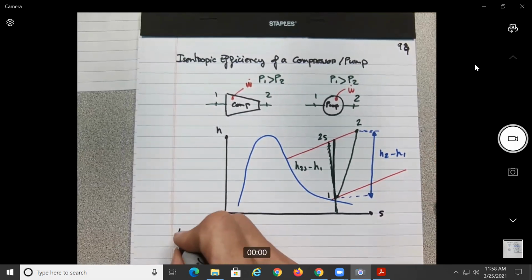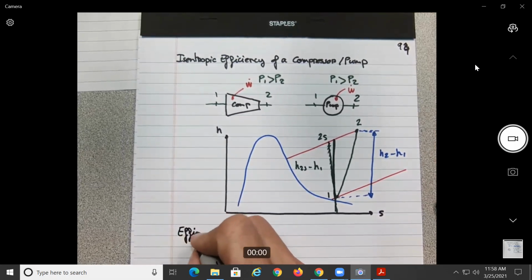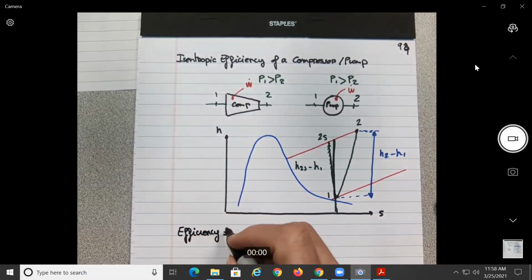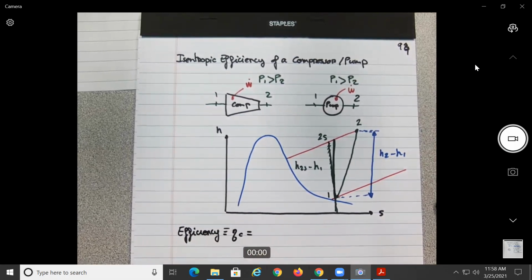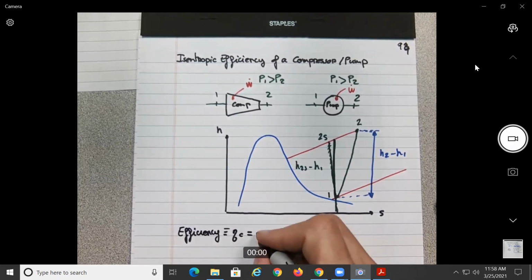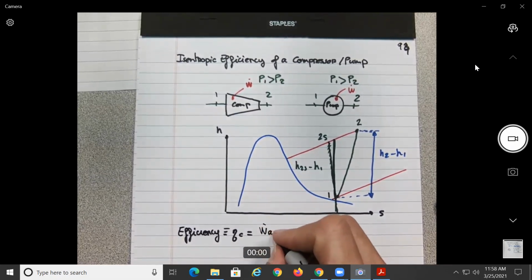So the efficiency, we're going to call this one eta sub c for compressor. The one we could have called eta sub t, this eta sub c will be the actual divided by the ideal.